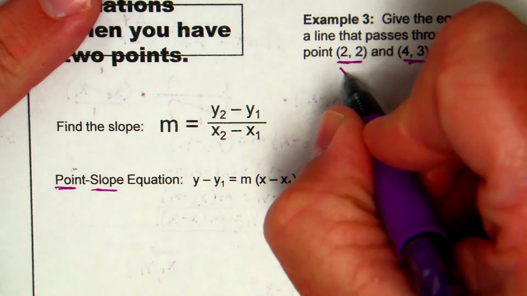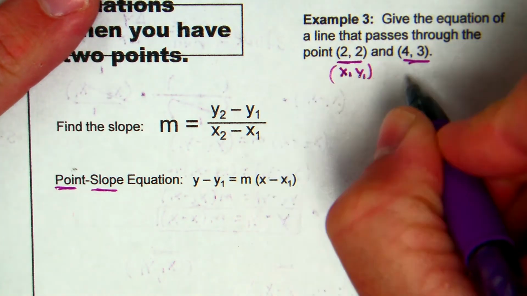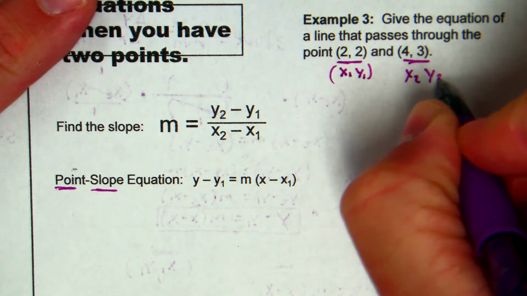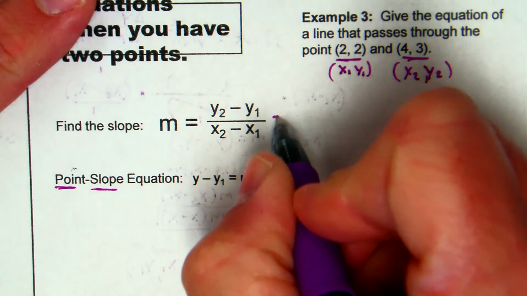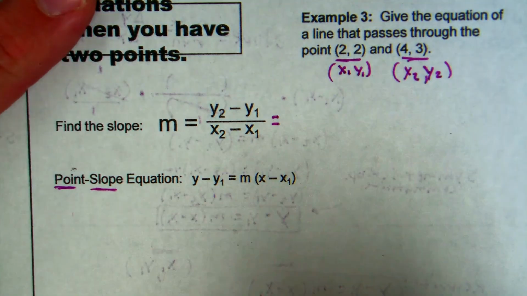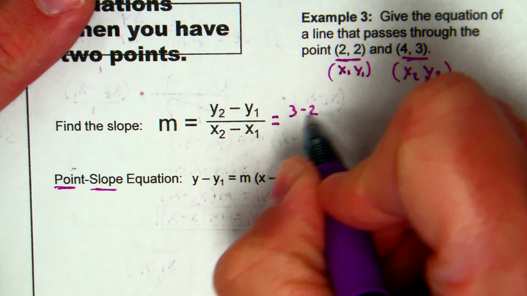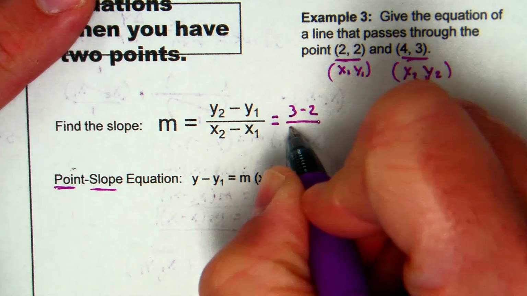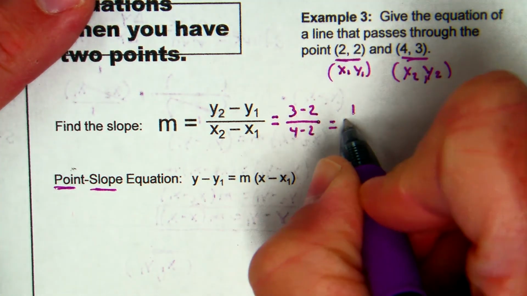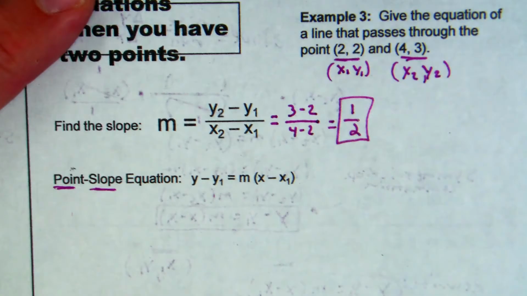So what you're going to want to do is use your 2 examples and calculate the slope. 3 minus 2 over 4 minus 2 gives you a slope of 1/2.